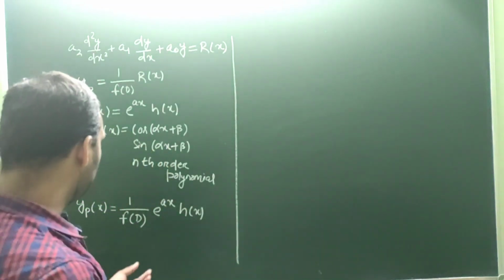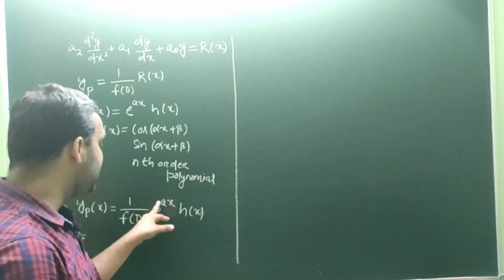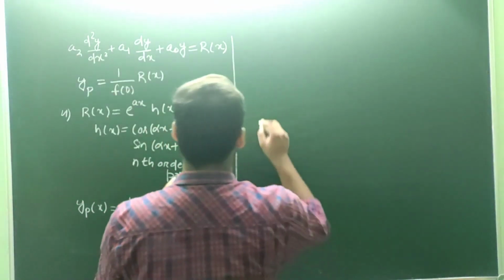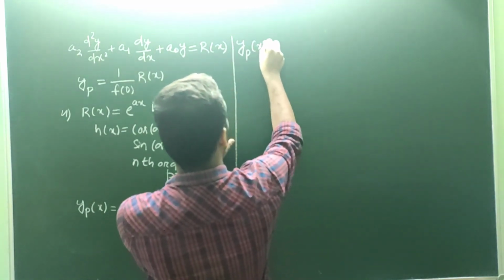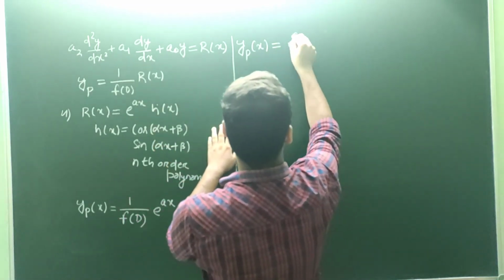Now what you have to do is put D equal to D plus a. Whatever a is there, you have to put D plus a. Now putting D plus a, you can write yp of x is equal to e to the power ax.